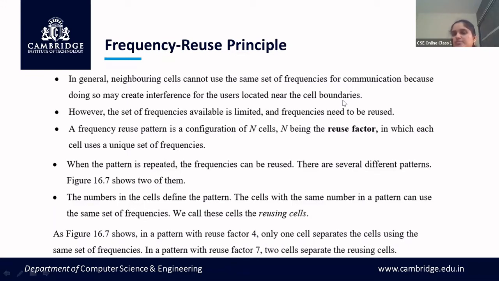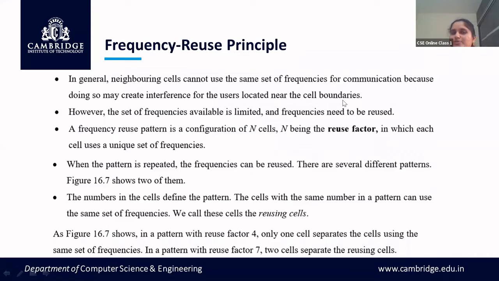So this is the principle of frequency reuse, that is, no two adjacent neighboring cells can communicate with the same frequency. If they do, there can be some noise involved. An example for this would be crosstalk. Whenever you are speaking, there can be an anonymous person within your call, listening.